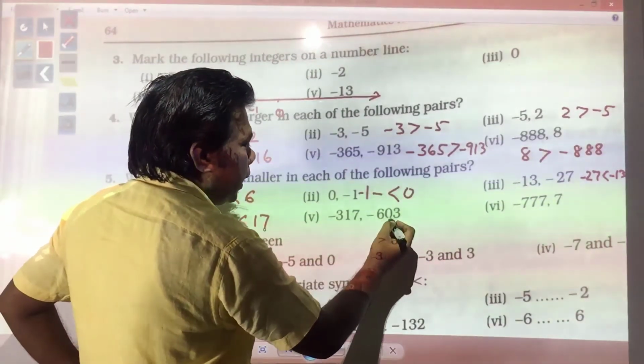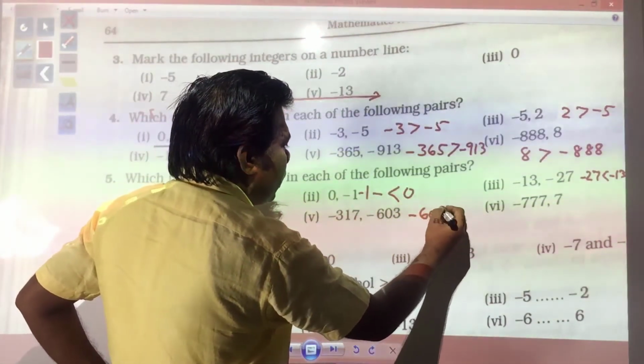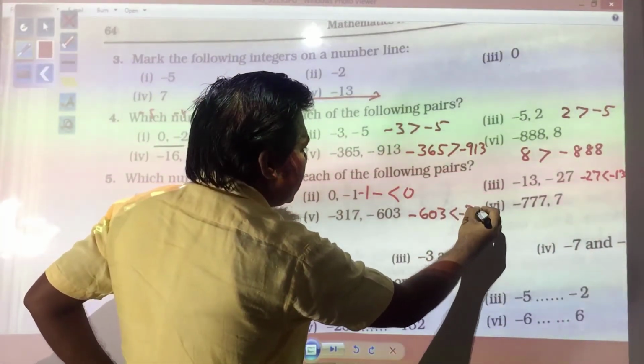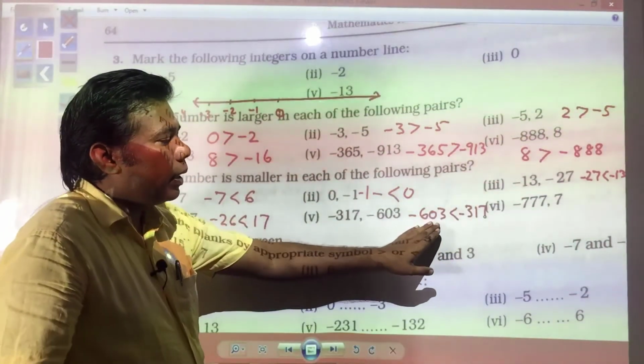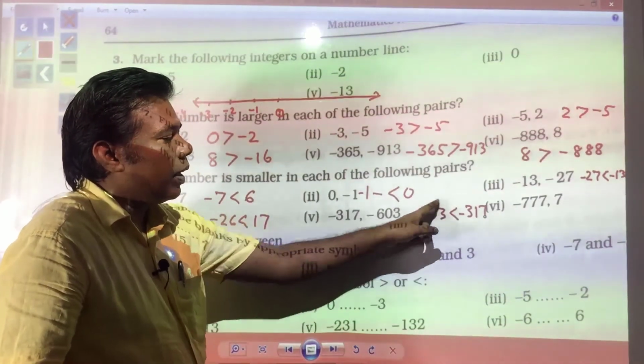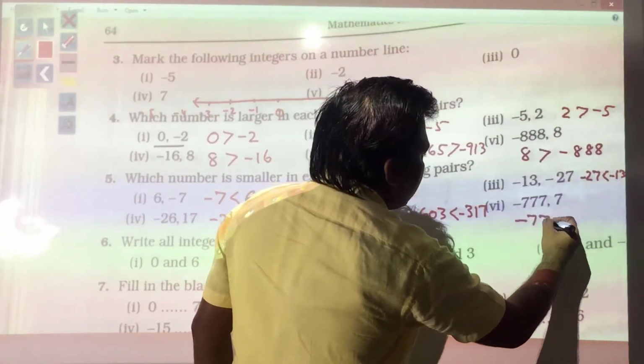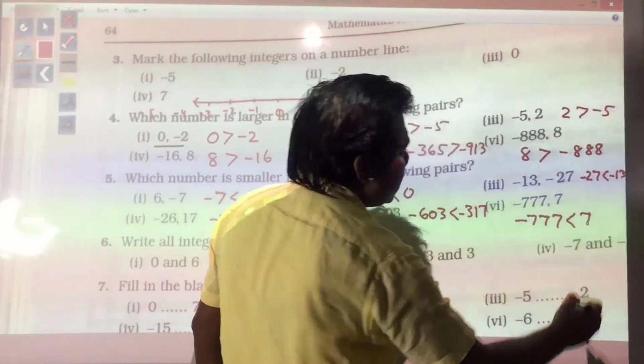Here you see -603 is lesser than -317. If the number is greater but the negative sign is there, the value will be less. -777 is lesser than 7.